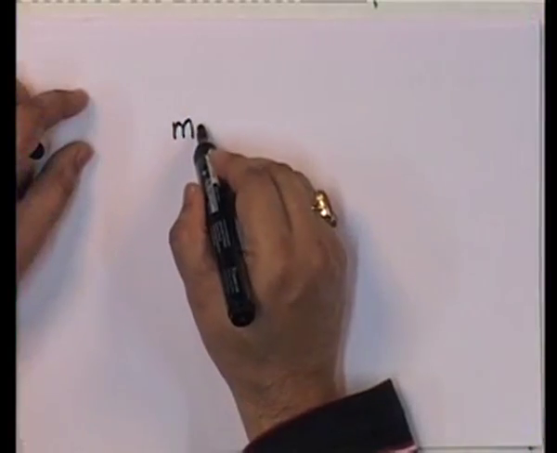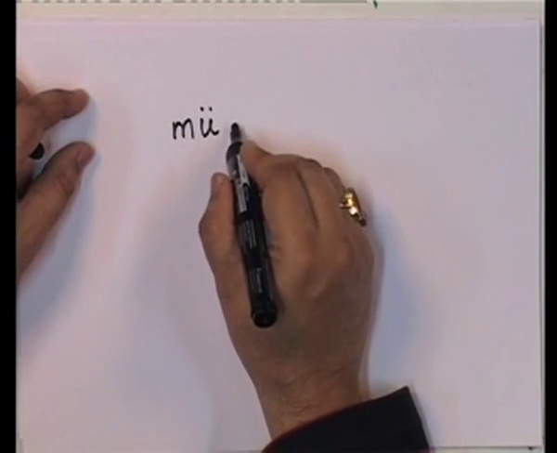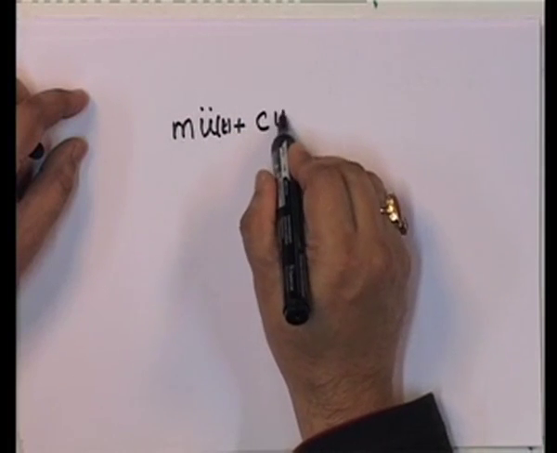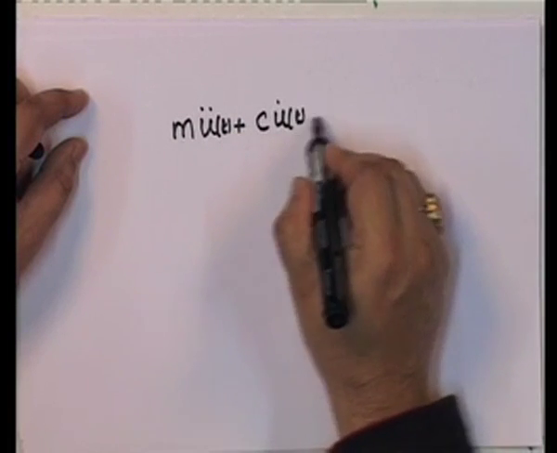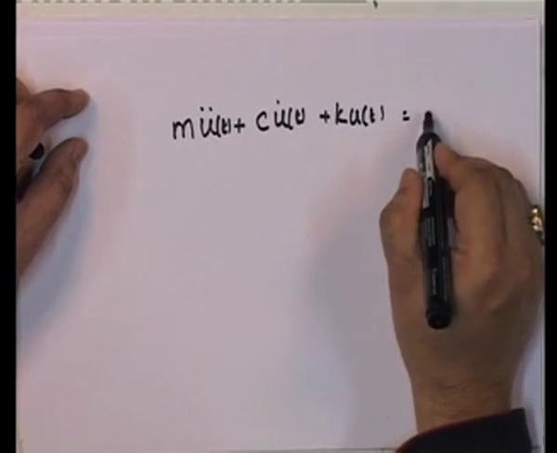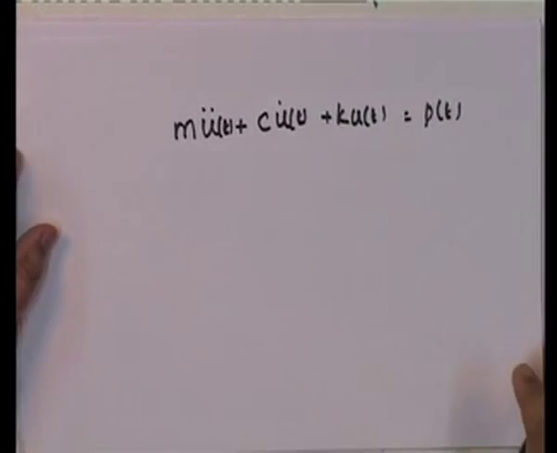It goes on the basis of the following, that it looks at m u of t at time tau, c u dot of t at time tau, k u of t is equal to p of t. Okay.